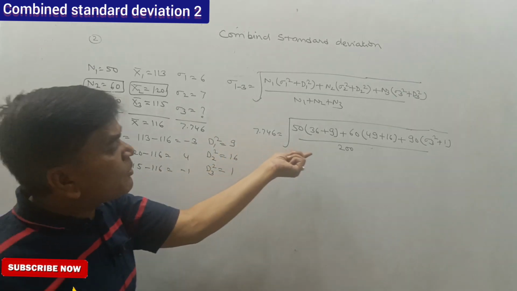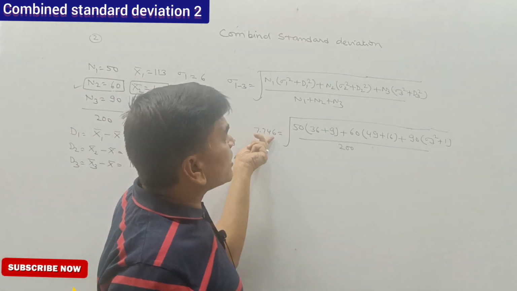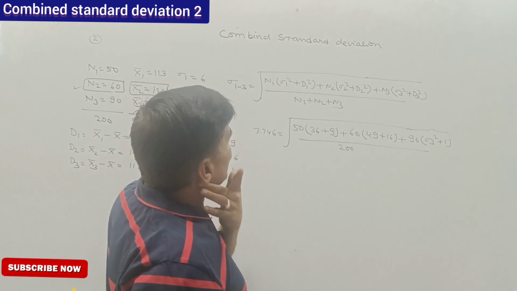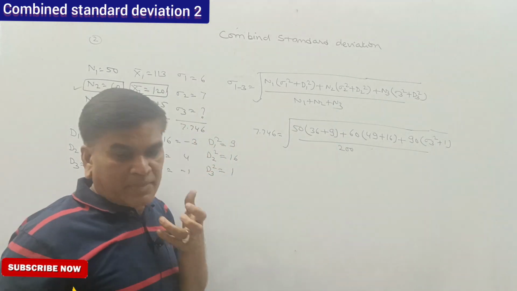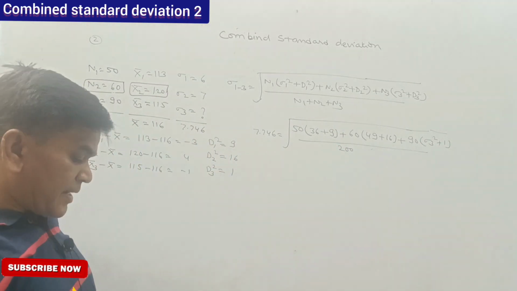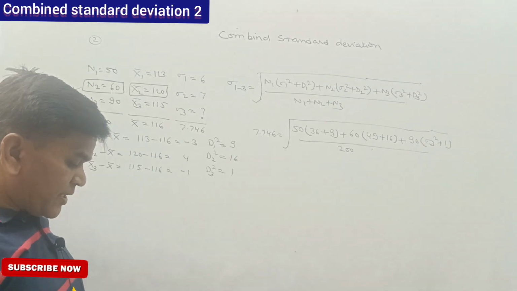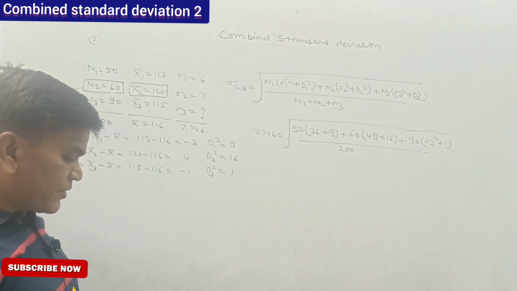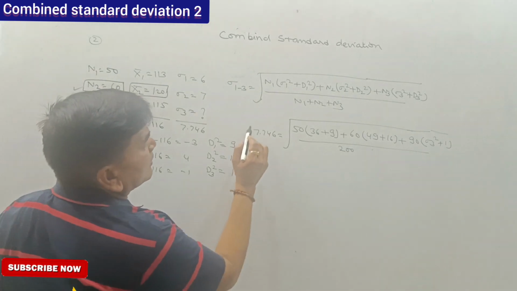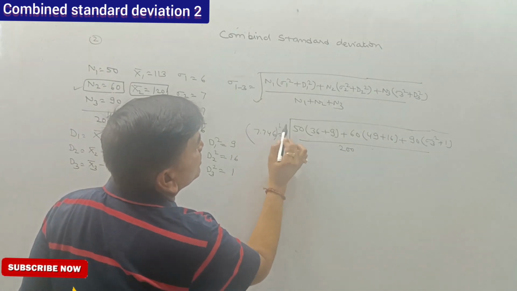Squaring both sides, the root will be removed. So 7.746 multiplied by 7.746, that is 60. We are taking the square of both sides.